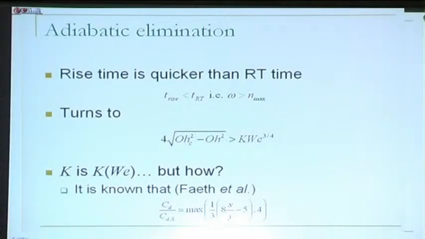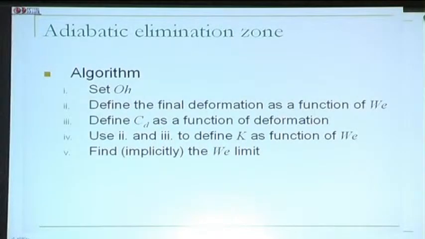But this constant here is very dependent on the Weber number because it depends on the drag coefficient, and the drag coefficient depends on the deformation of the droplets. So by using this empirical correlation and introducing it back, I can set a Weber number, define the final deformation as a function of the Weber number, define the drag coefficient as a function of the deformation, use this to compute K, and then find the limit as a function of the Weber number.